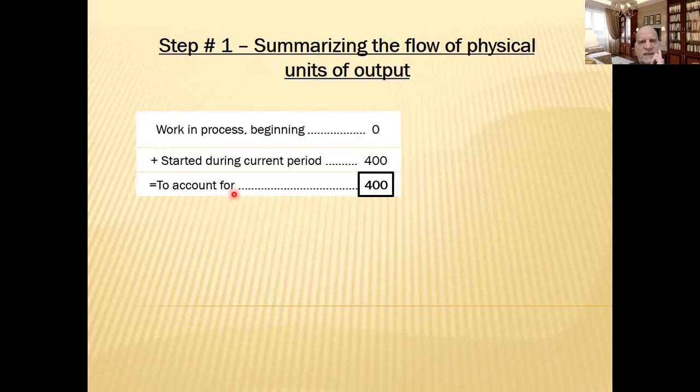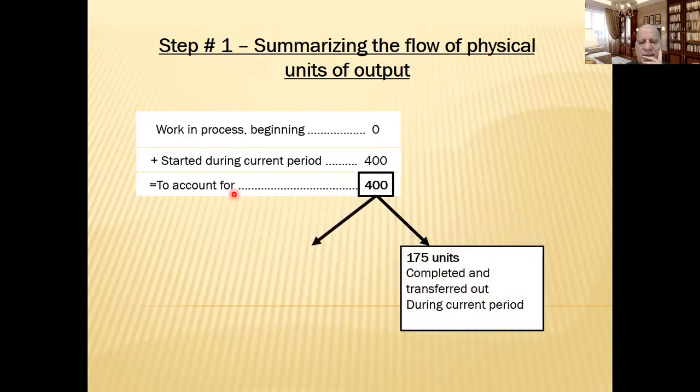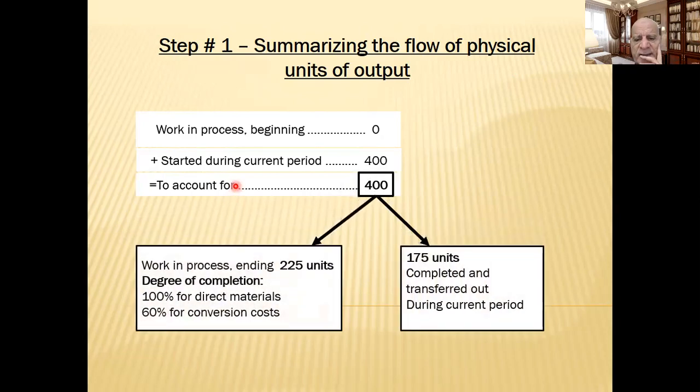Accounting for these units, we will find that 155 units of these 400 were completed and transferred out during the current period. But the rest of the 400, which are 225 units, are still under process until the end of the period.